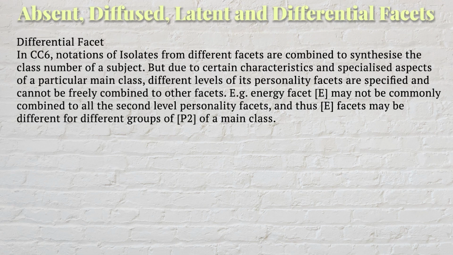As for example, the energy facet may not be commonly combined to all the second level personality facets, and thus energy facets may be different for different groups of second level personality facet for a main class.